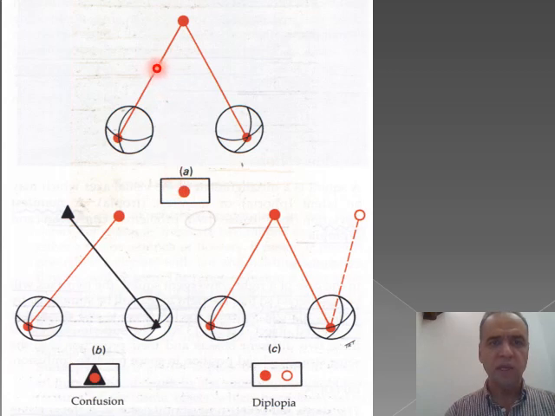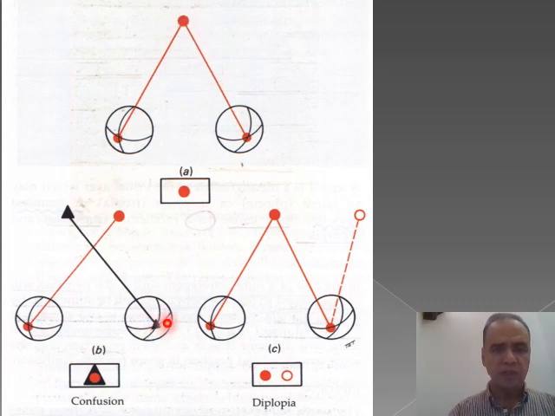This imaginary line connecting the object of regard to the fovea is called the visual axis, and here we have another visual axis. Normally both visual axes usually intersect at the object of regard.